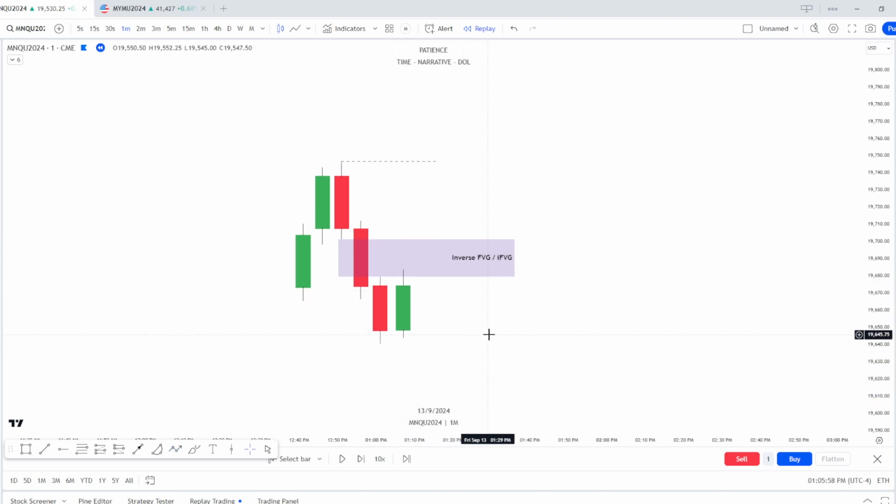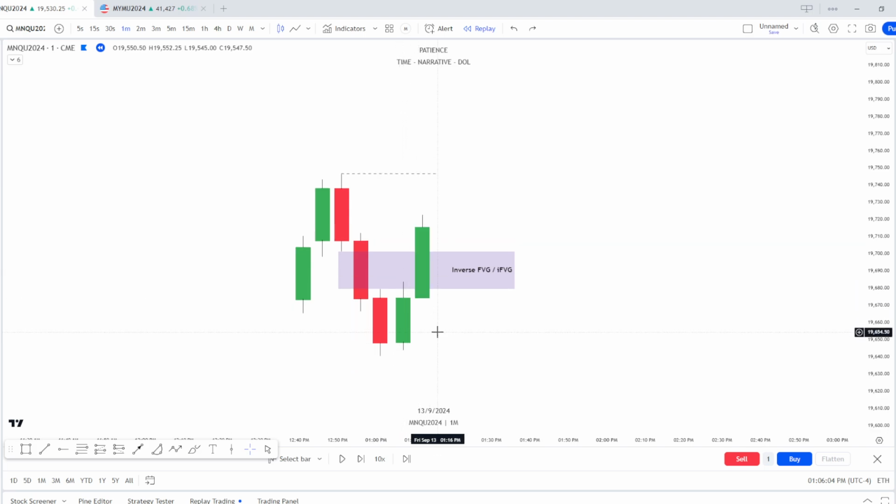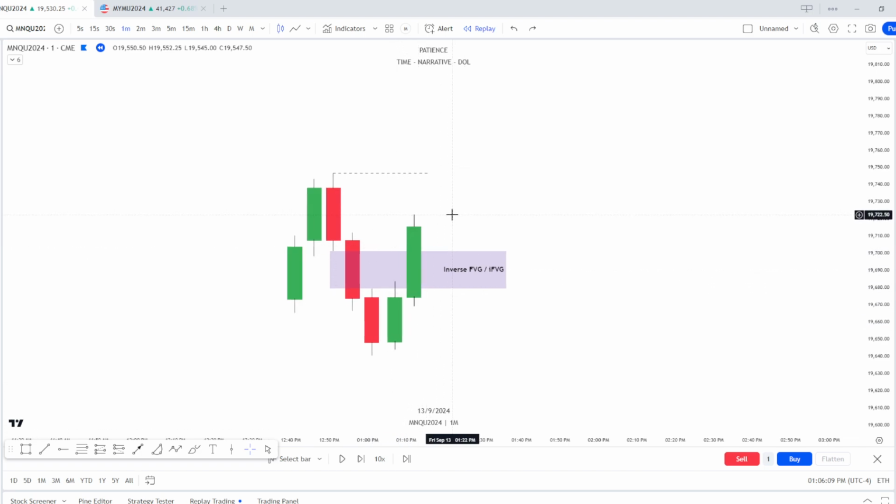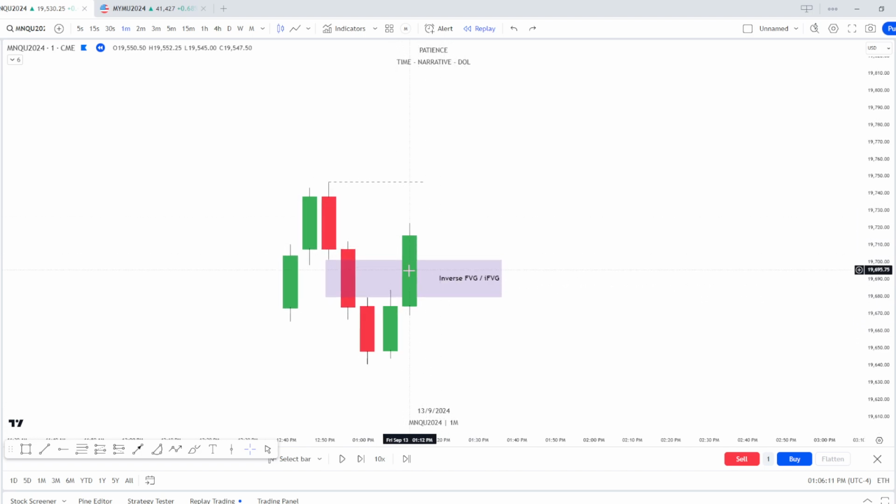If this doesn't happen and we end up closing above this fair value gap, that means we failed to send price lower, and the same bearish fair value gap that failed to send price lower will now most likely try to send price higher.